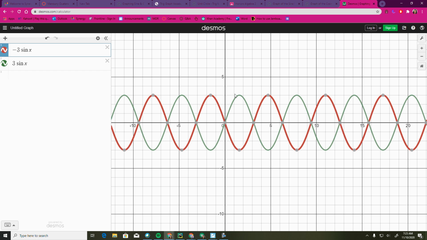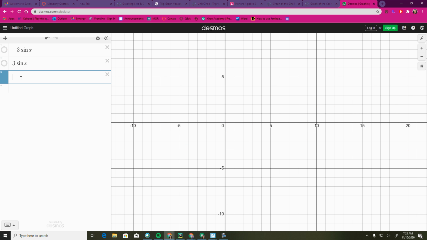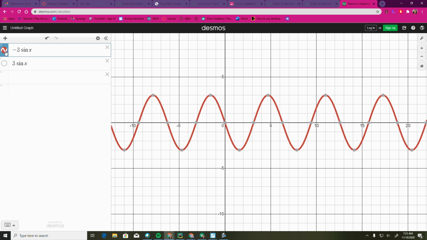They flip-flopped. And that makes sense, because if we put a negative in front of something like simple old x squared, everything flips around upside down. We've learned that before when we've looked at functions. Same thing happens for sine and cosine functions as well. When we put a negative in front of them, it just flips them upside down.